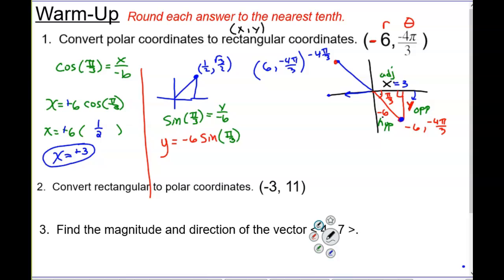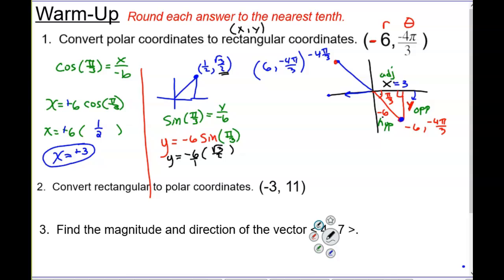Now we have to figure out what is the sine of π/3. We already know that. The sine of π/3 from the unit circle is √3/2.